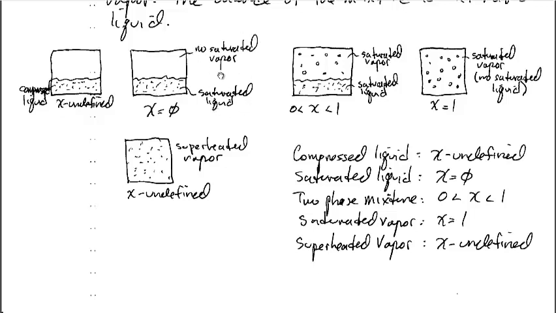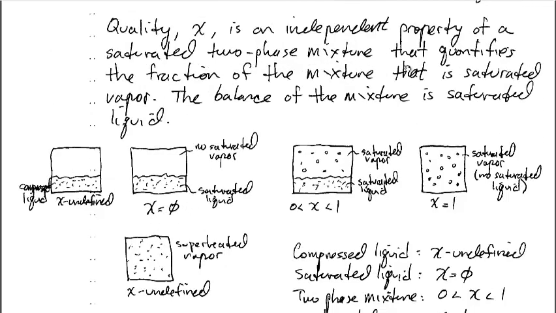There's no saturated vapor, and the quality would be 0. Remember that quality is quantifying the amount of saturated vapor in the mixture. There's no saturated vapor, so the quality is equal to 0. If we have a mixture of saturated vapor and saturated liquid in the system, then quality will be somewhere between 0 and 1.